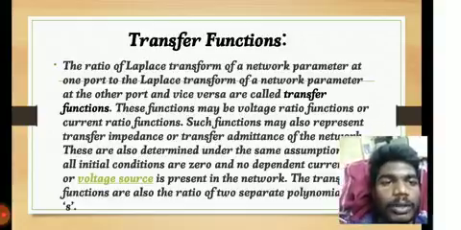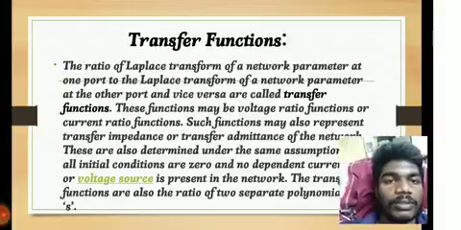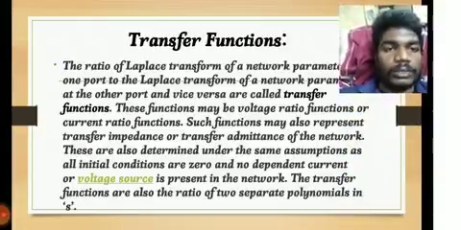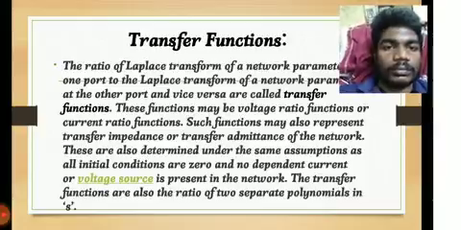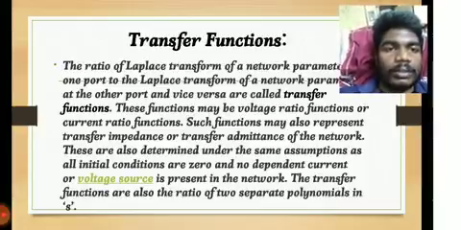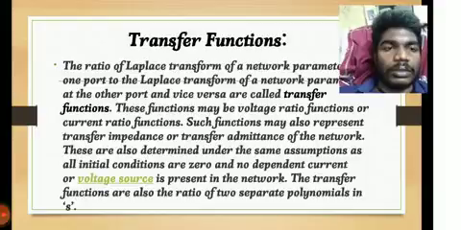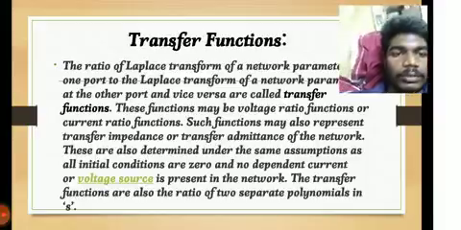Such a function may also represent a transfer impedance or transfer admittance of the network. These are also determined under the same assumptions: all initial conditions are 0 and no independent current or voltage source is present in the network. The transfer function is also a ratio of two polynomials in S.